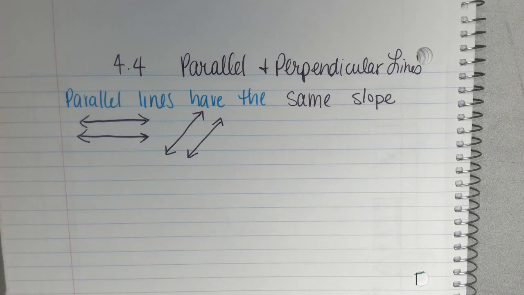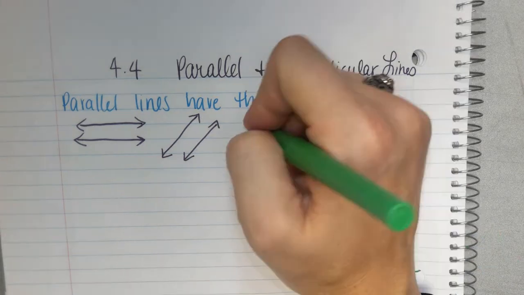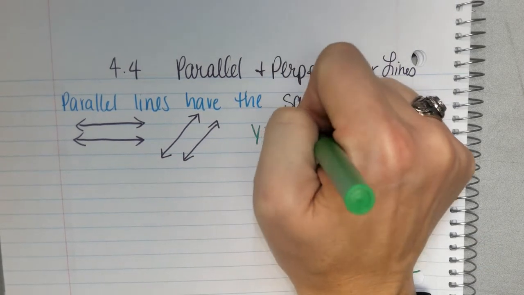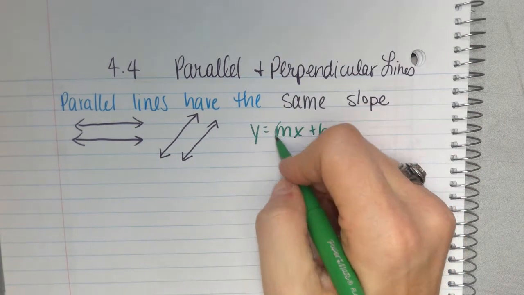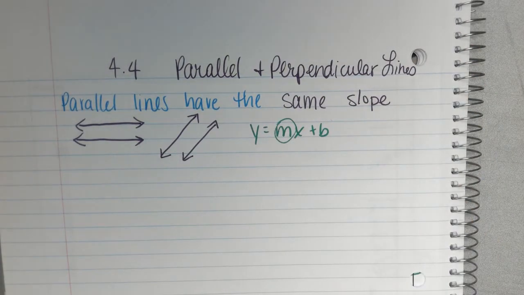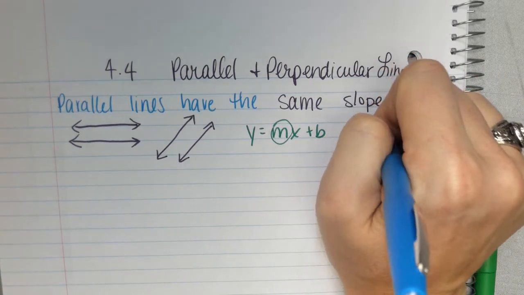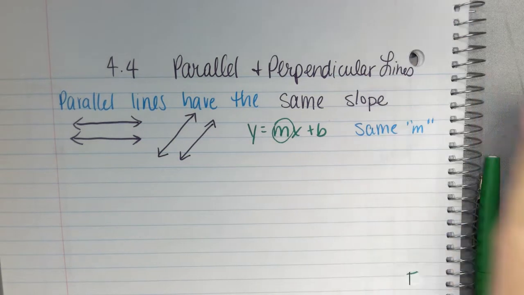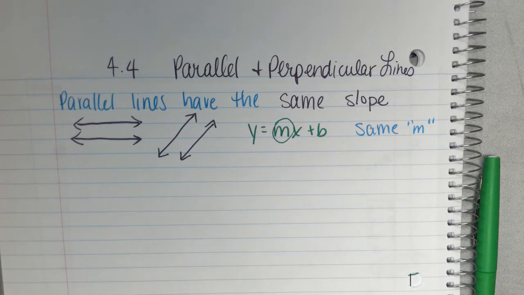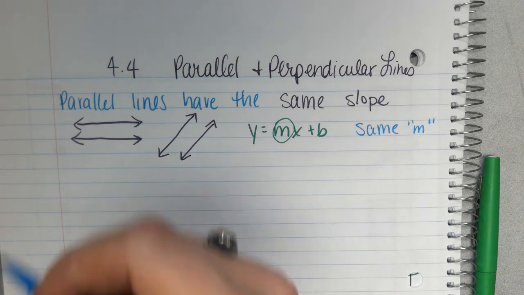And that means in our formula that we've been using, our friend y equals mx plus b, the m is going to be the same. So if you know that they're parallel, then the m is going to be the same.